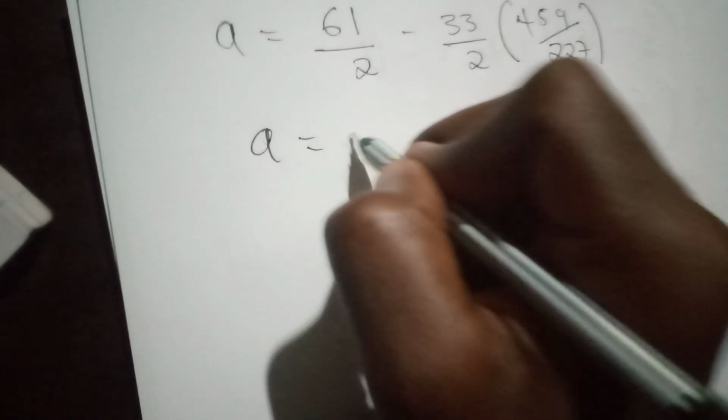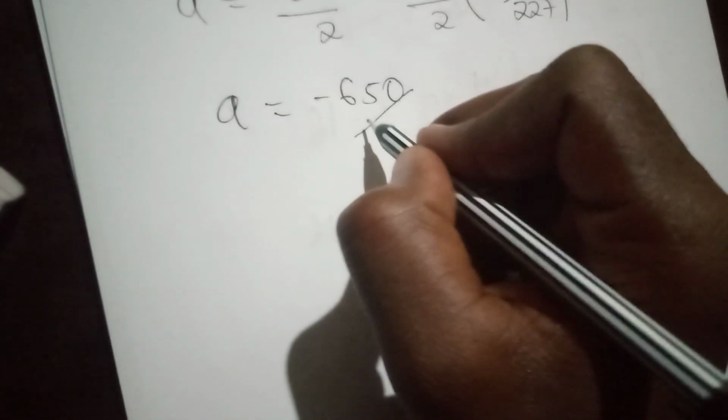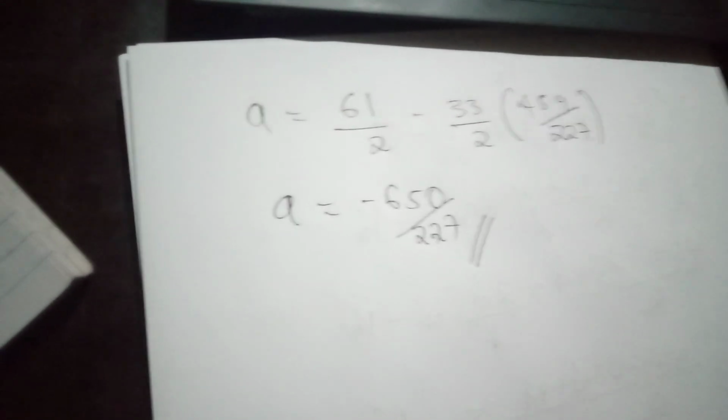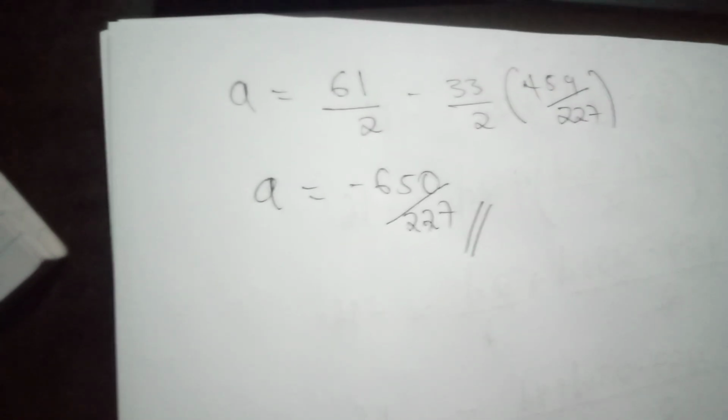If you simplify everything, you're going to obtain negative 650 over 227 as your first term. So this is the way it was supposed to be answered.